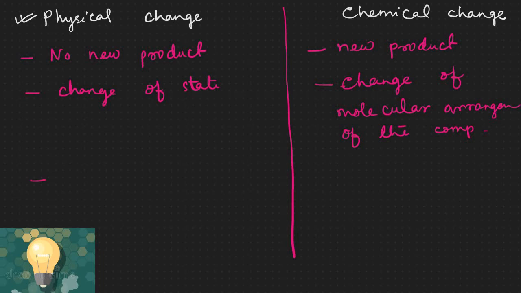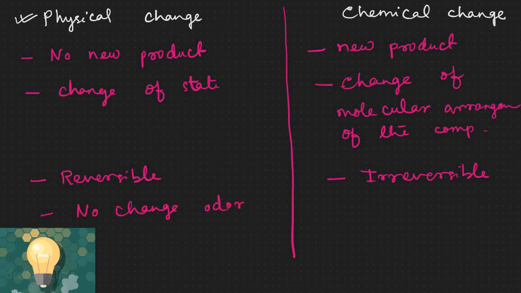Now you can write in third point, as it is a reversible process, and chemical change would be irreversible if proper parameters are not associated with it. Practically it is irreversible. Now there is no change of odour, means a smell, bad smell, good smell, there is no change of odour.